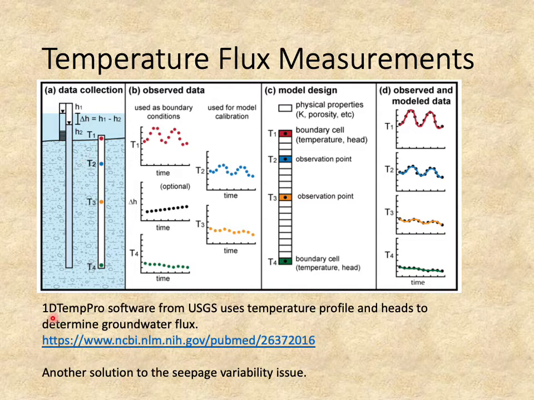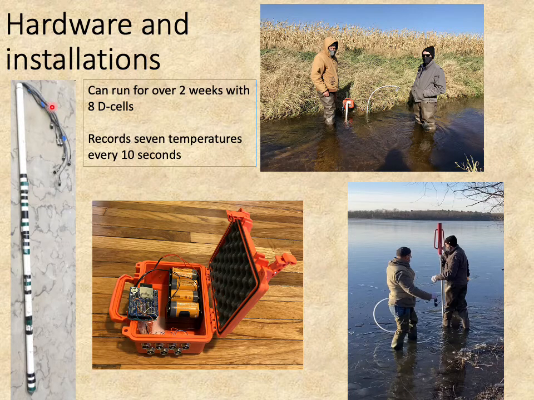An easy entry into this is to use 1D Temp Pro. It's from the USGS, really pretty reliable and certainly easy to use. For our hardware and our installations, again, we used an Arduino with a clock and SD card slot.